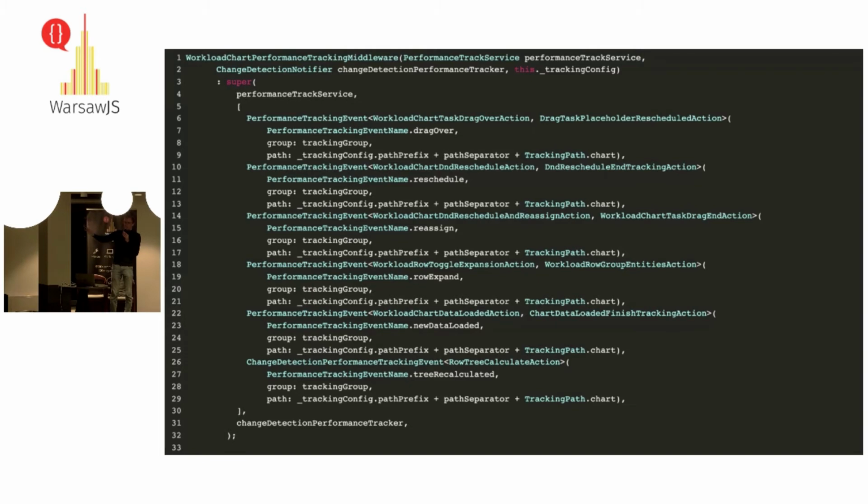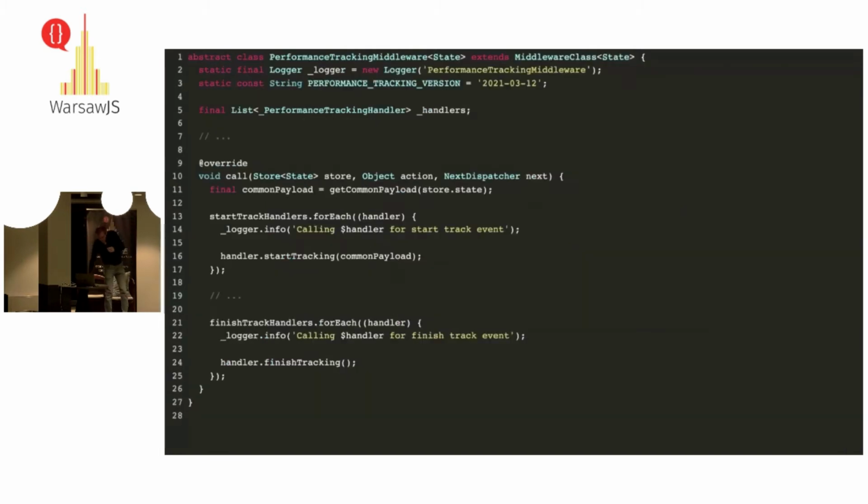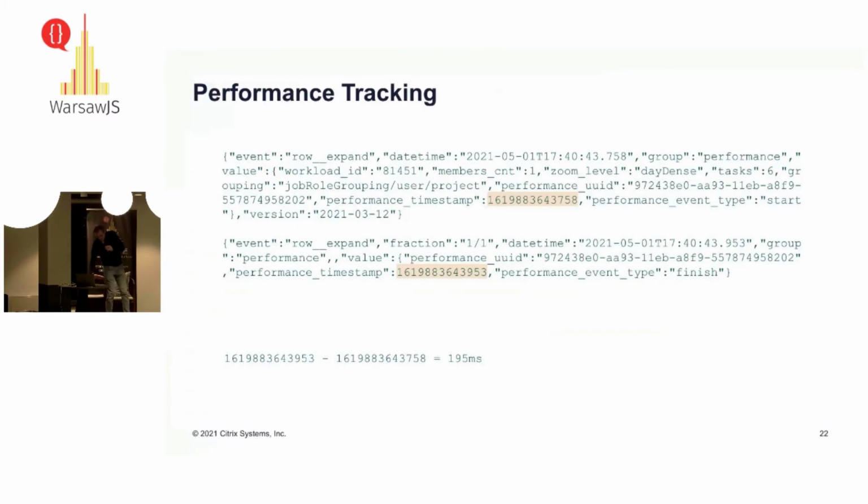And we defined all events for these users. Basically that's pretty much it about this middleware. It just started tracking when it received the start action, and it ended tracking when it received the end action. So basically it looked like that: 2 timestamps, and the difference is the time of execution of this operation.